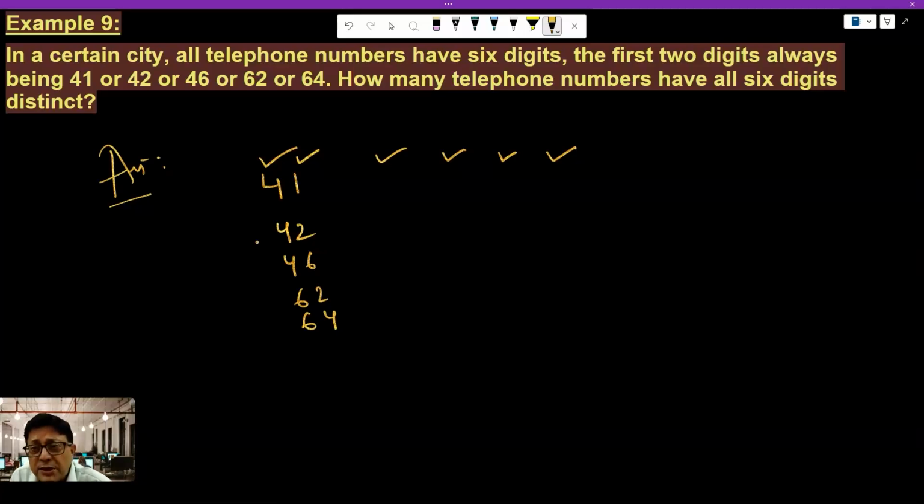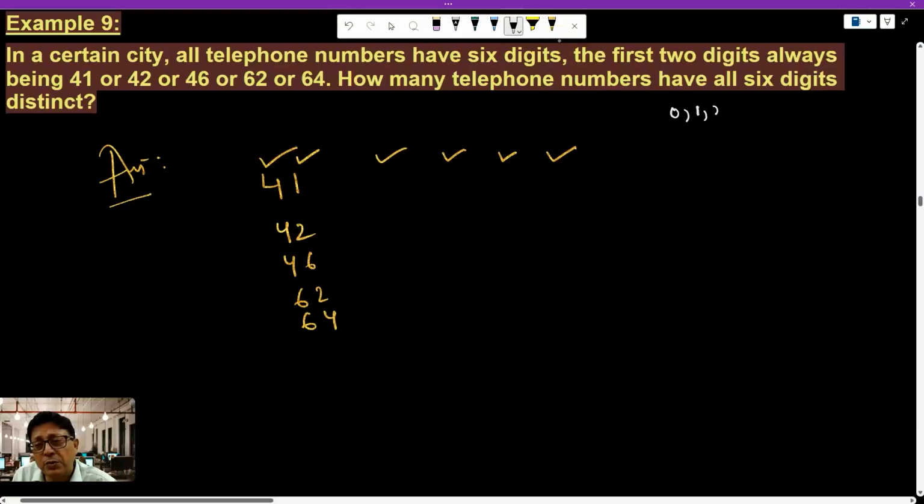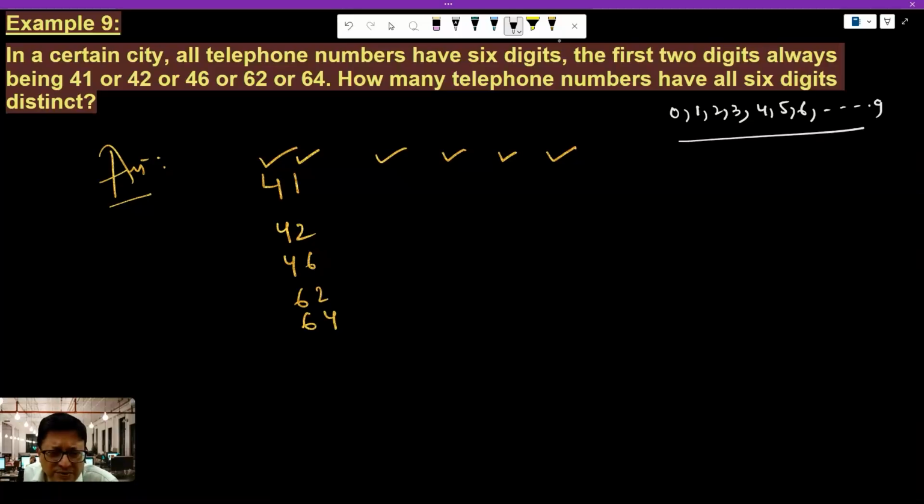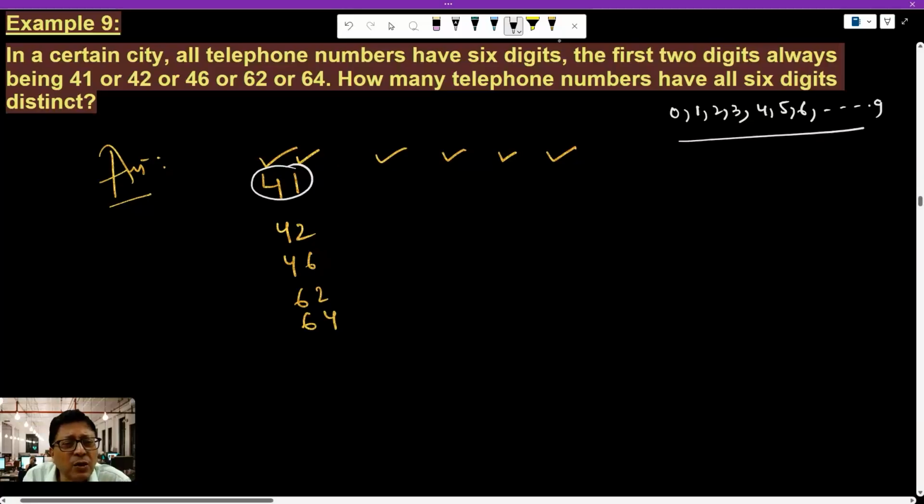How many digits? 10: 0, 1, 2, 3, 4, 5, 6, up to 9. A telephone number can start with 0. 0 can come in between. It is starting here with 41 or 42 or 46 or 62 or 64. Then 0 can come anywhere.